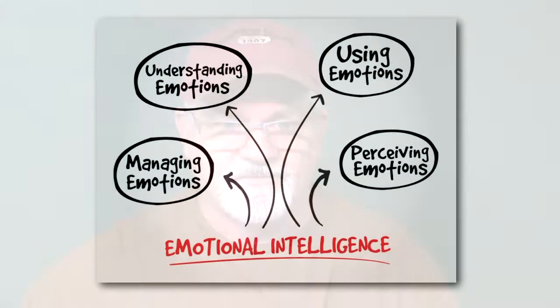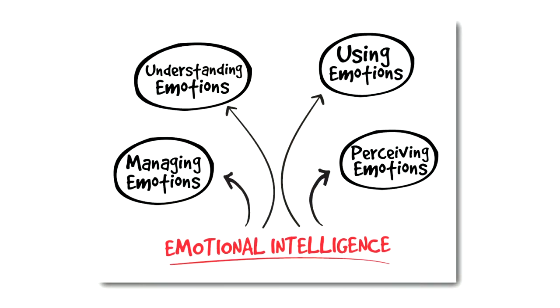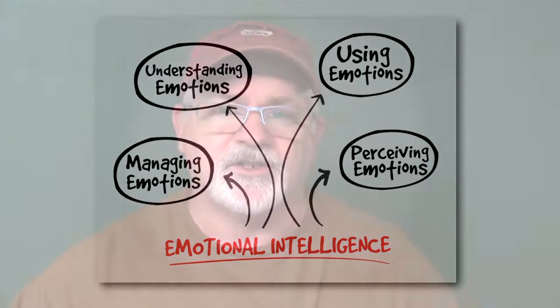So here we have understanding emotions, and then we use emotions, both in ourselves and others, in order to create scenarios for success, and of course perceiving emotions in others, using the cues that we understand to be related to emotional expression, and beginning to help people get in touch with those.